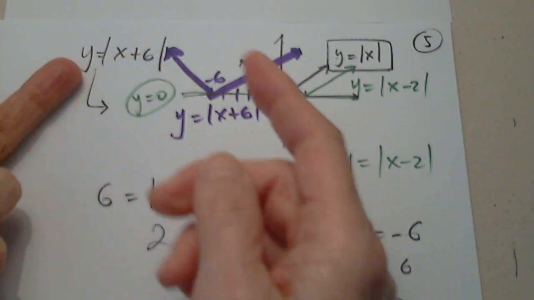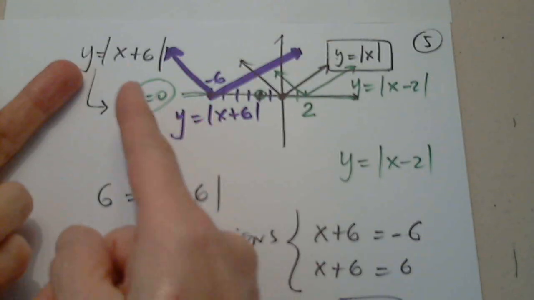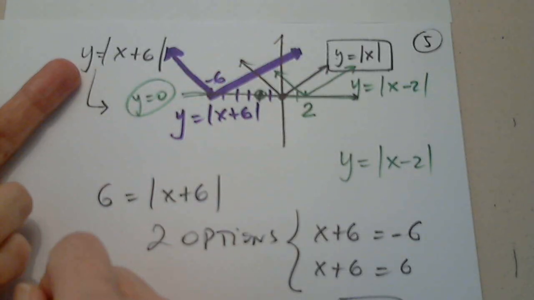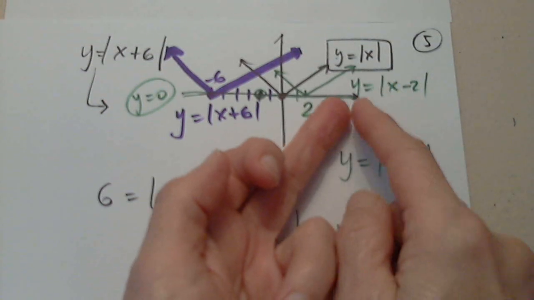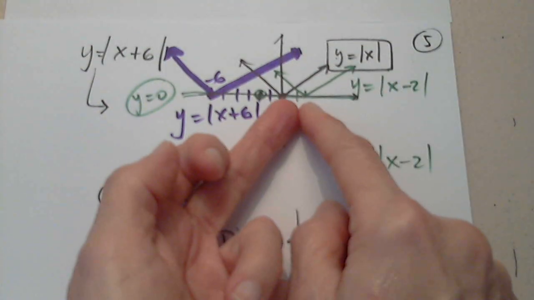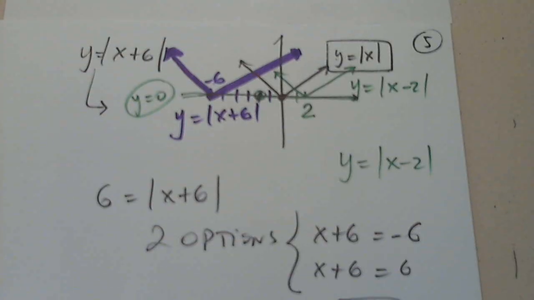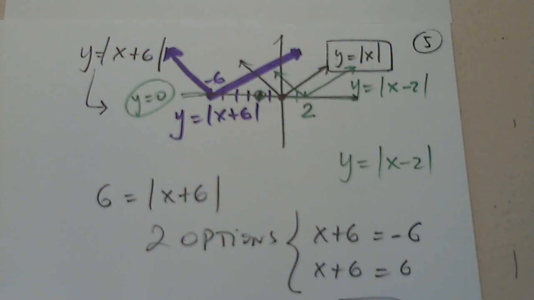Obviously, when y is 0, x must be negative 6, because if this is 0, this must be negative 6 to obtain 0. What would happen here? Well, if this is 0, this must be 2.